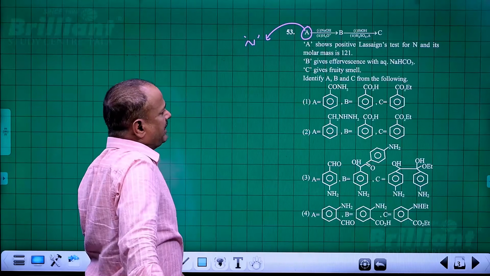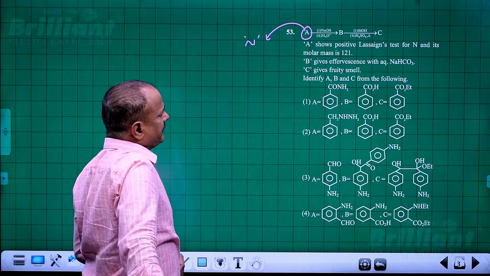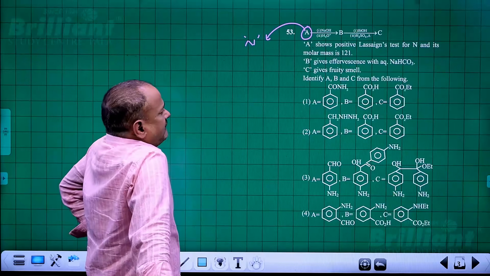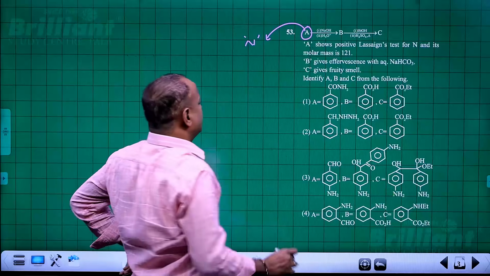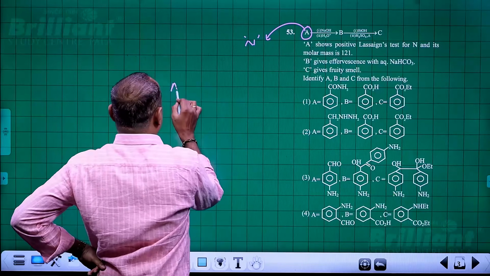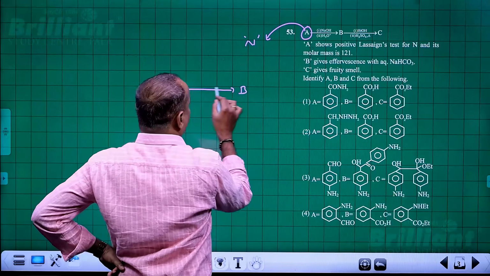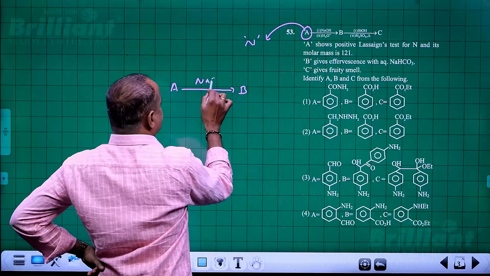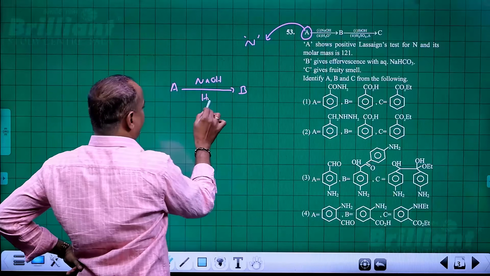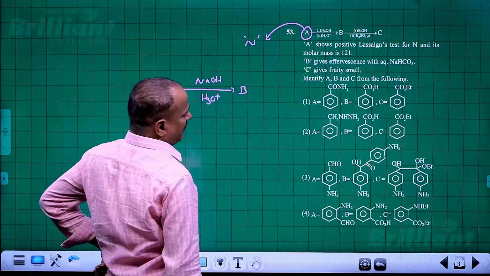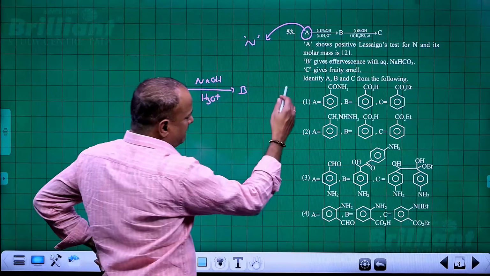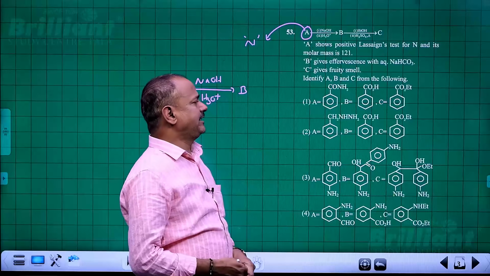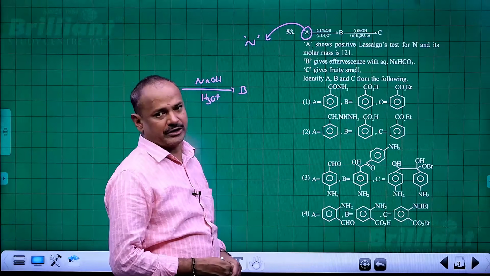Next, B gives effervescence with aqueous NaHCO3. That means A to B is hydrolysis in basic medium followed by acidification. So, as per the given compounds, it must be amide or amine, a nitrogen compound.